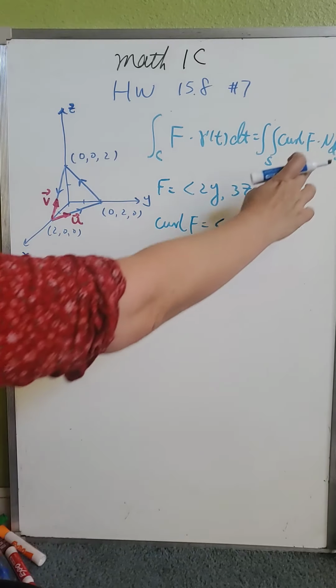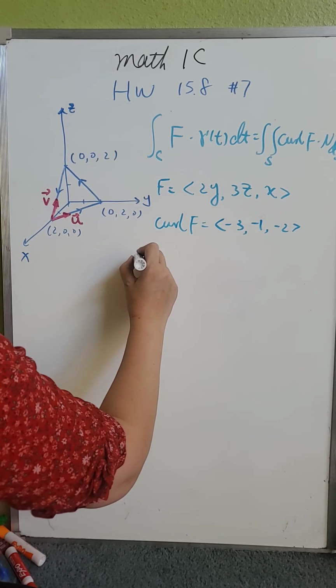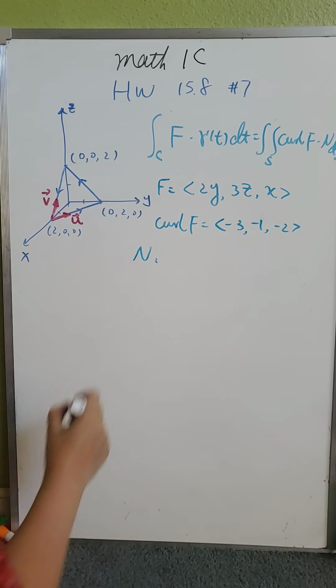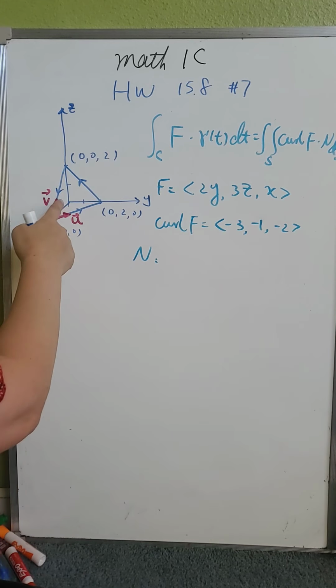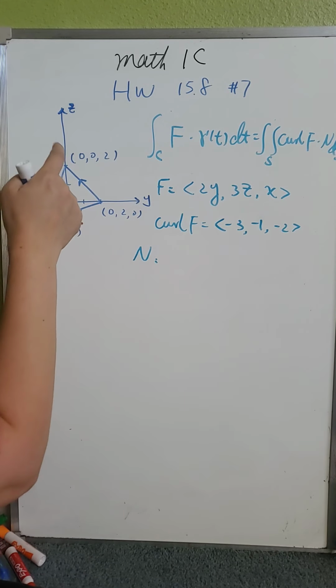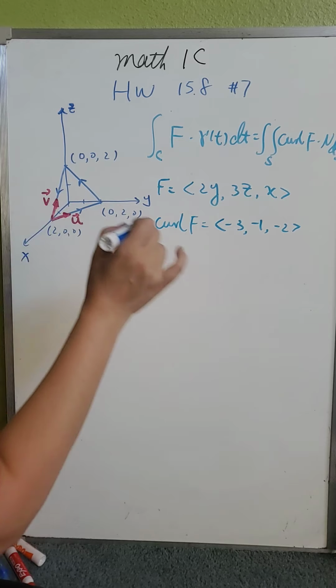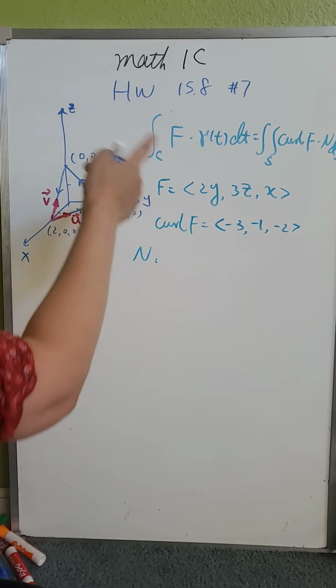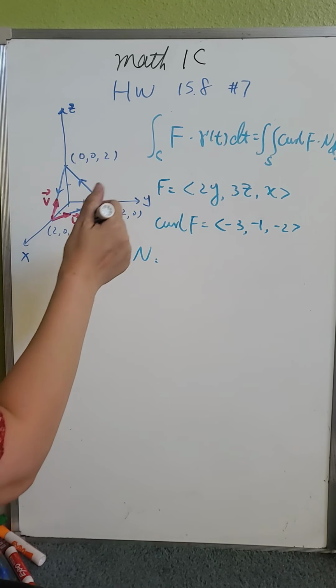Now I need to find the n. To find n, I need to get the normal vector for the plane. Because this is outward, they tell you this is a positive orientation. Positive orientation means counterclockwise.